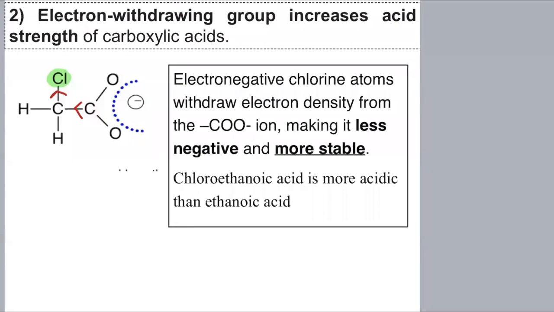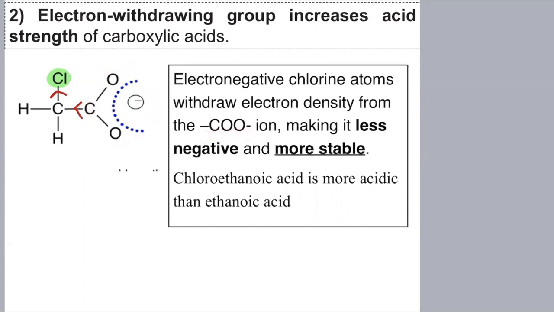Okay, so electronegative chlorine atoms withdraw electron density. So please understand that withdrawing electron density is just like removing a region of the electron cloud, right? You're not really taking away the electrons. So you withdraw electron density from the COO minus ion, which is this part, because that's the part where you have the negative charge.